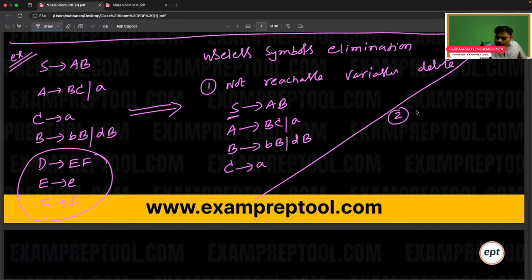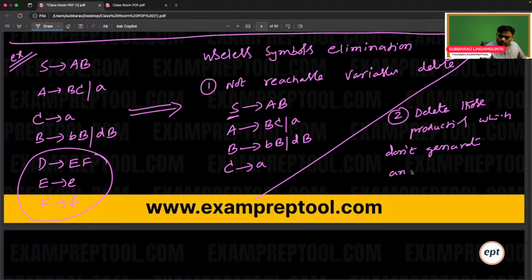Let me write: delete those productions which don't generate any string.